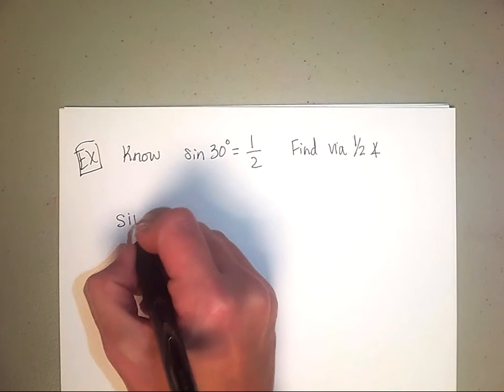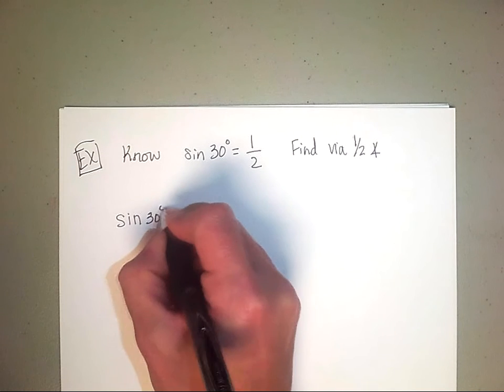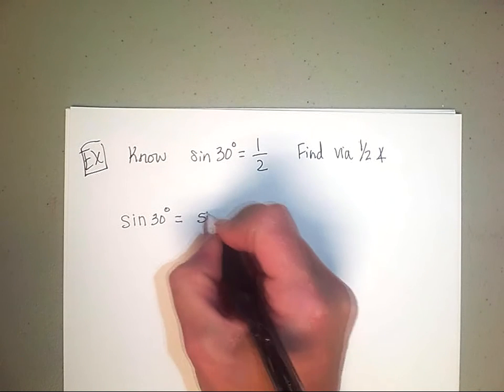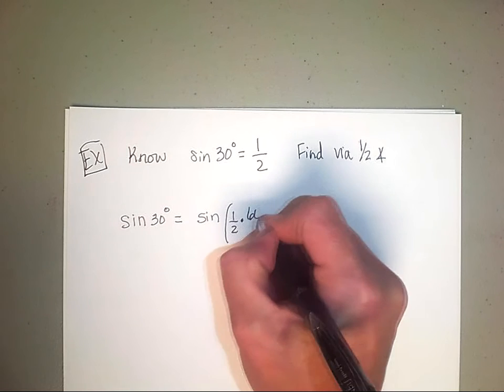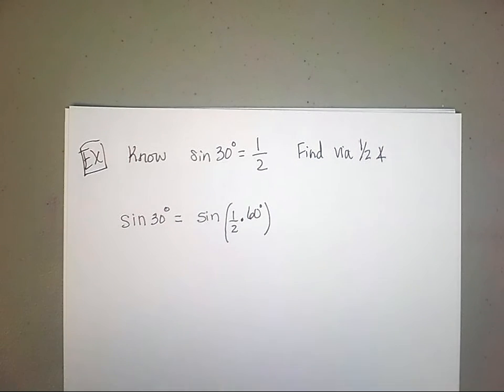So the thing we have to realize is that the sine of 30 degrees is equal to 1/2 of 60 degrees. Okay. All right.